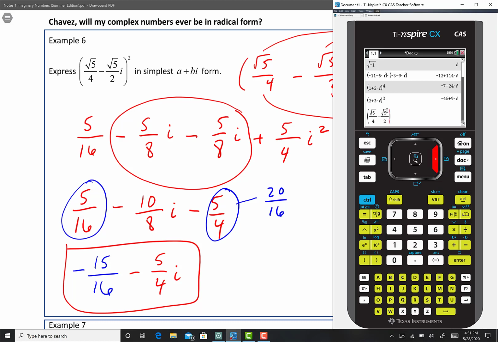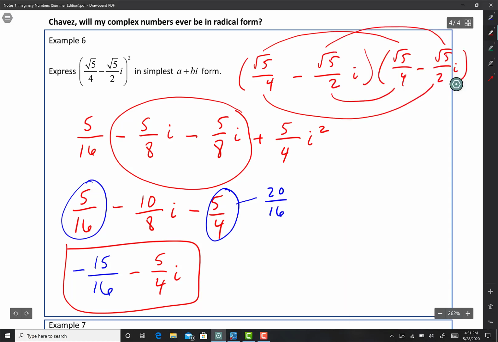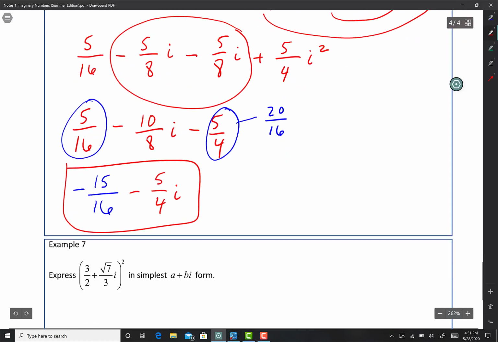And then to the right, let's put an i. Sorry guys, it takes a while to type on a computer that's lagging a little bit, because it's using up a lot of horsepower to record as well. So here we go. Push enter, and there it is, guys. Negative 15 over 16 minus 5/4 with the i. Yep, we did it right, guys. So I guess we did need all that space. I could have written smaller, I guess.